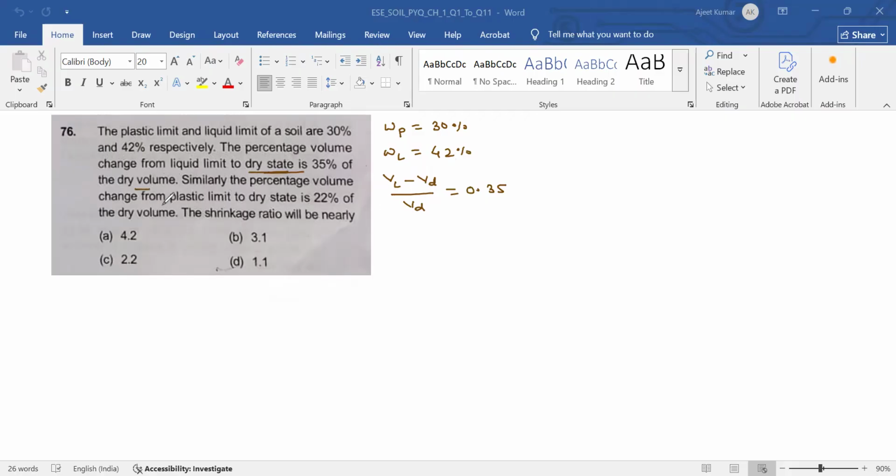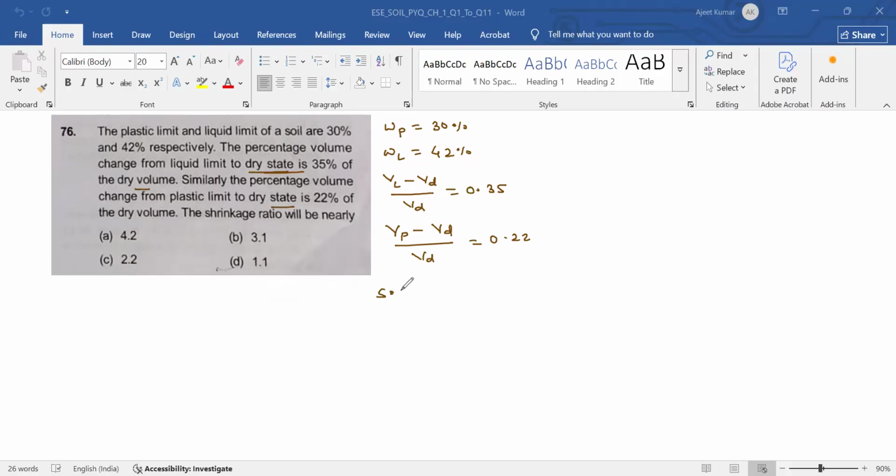Similarly, the percentage volume change from plastic limit to dry state, that is, volume at plastic limit minus Vd divided by Vd, is 0.22. So we have to calculate the shrinkage ratio.